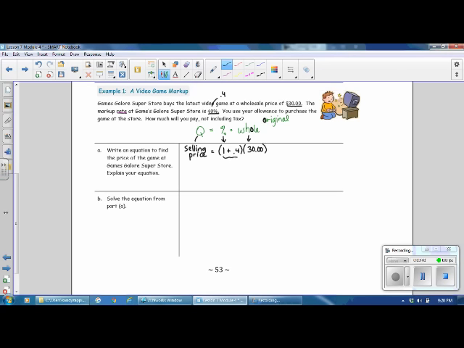So 1 plus 0.4 is 1.4. 1.4 times $30, and that's going to give us our selling price. So our selling price is equal to $42. $42 is the selling price.